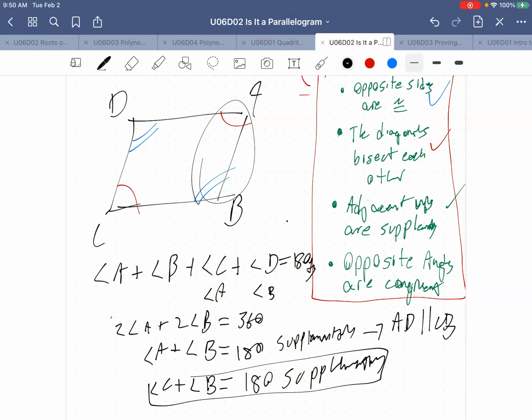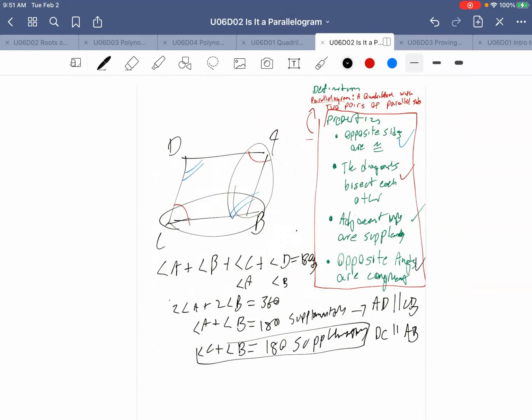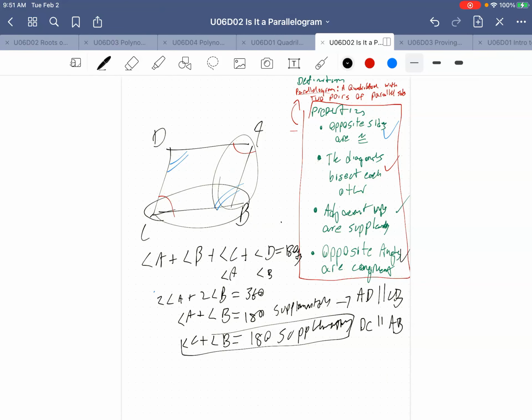And because C and B are supplementary, that makes DC parallel to AB. And that would be the final way to show that this is enough information to prove that the quadrilateral is a parallelogram, just knowing that the opposite angles are congruent.